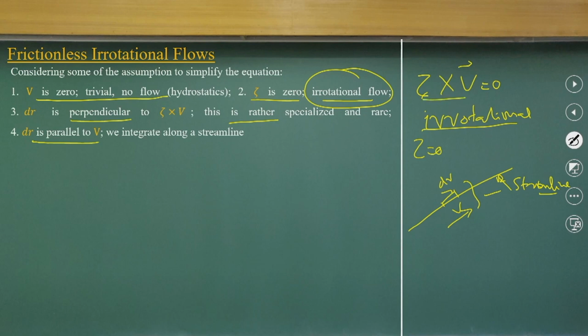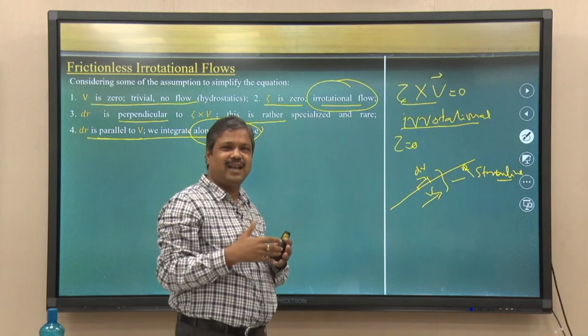So, we are going to derive Bernoulli's equation with the basic assumption that it holds along streamlines, because these terms become 0, tau cross v is equal to 0, when we want to integrate along the streamline. That is the reason in previous classes I did an integration along the streamline.